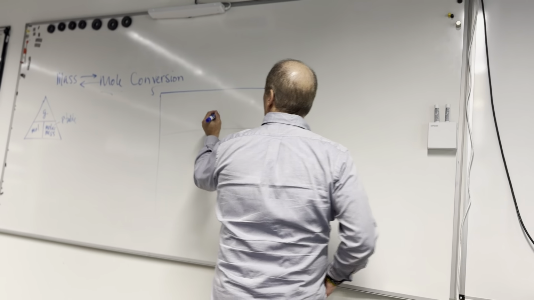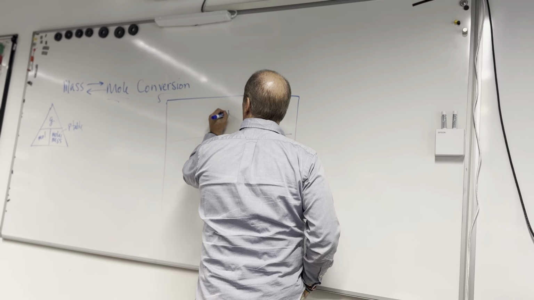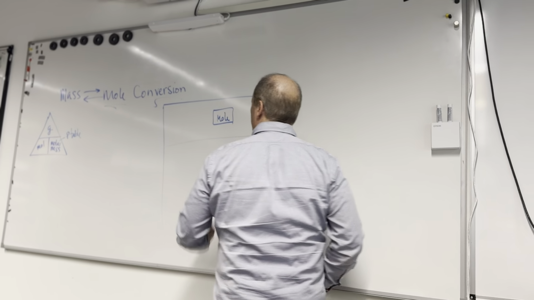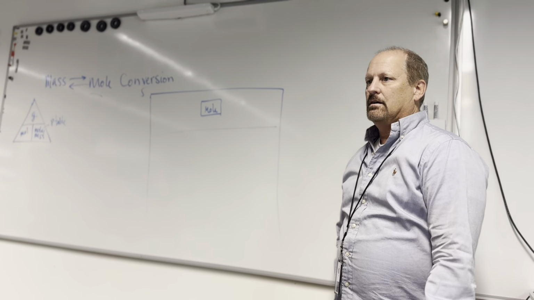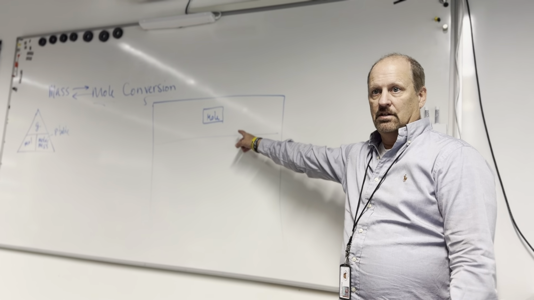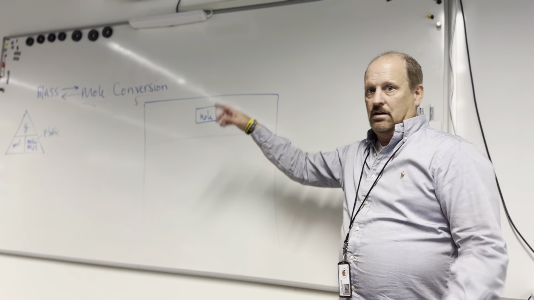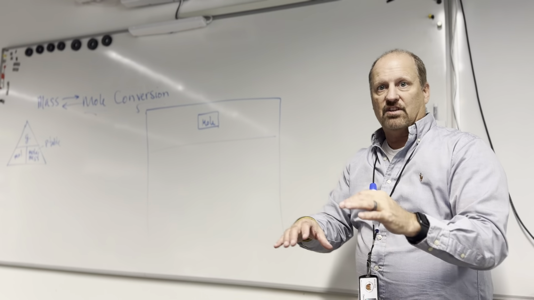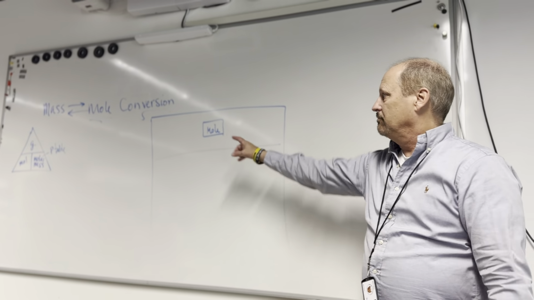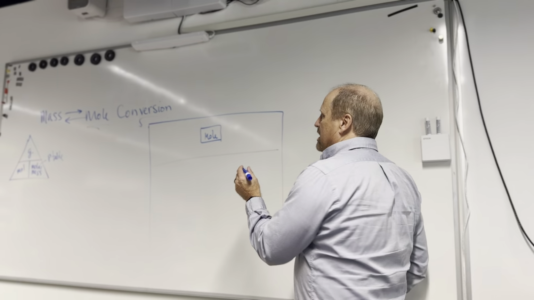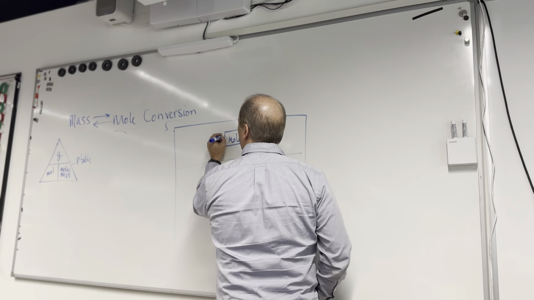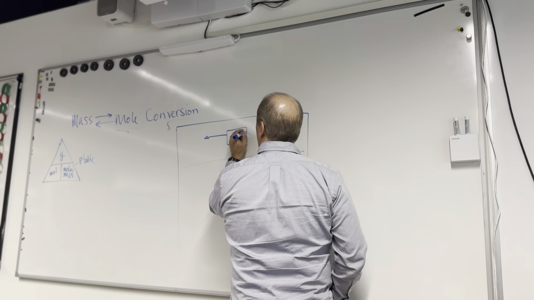In the middle, you're going to write mole, M-O-L-E, and put a box around it. Put mole in the middle. Then you're going to draw arrows out away from mole at the top on both sides. Out and out.